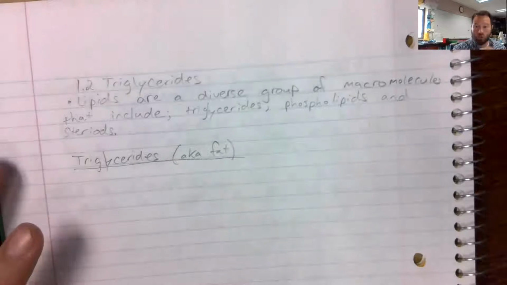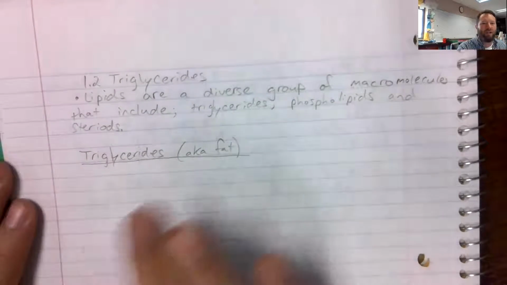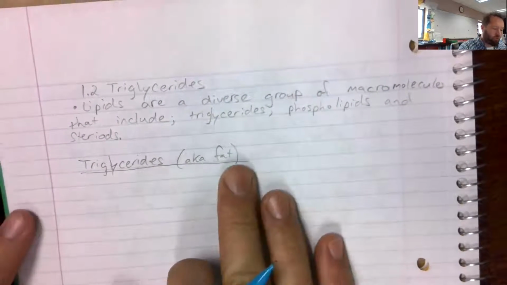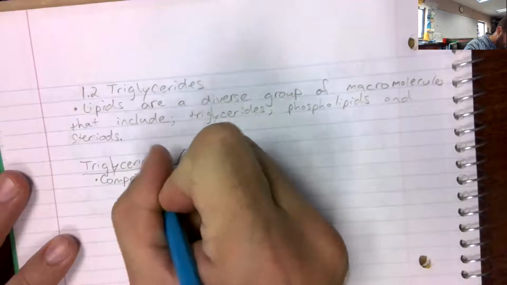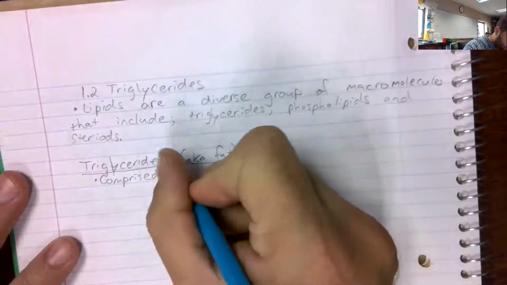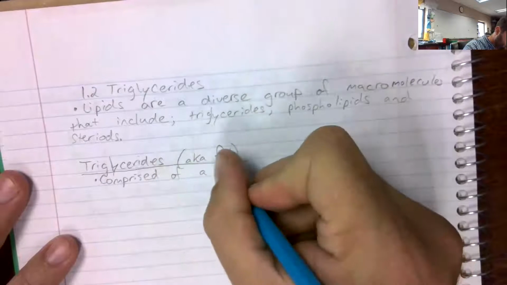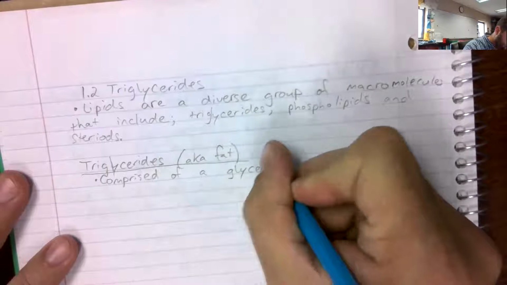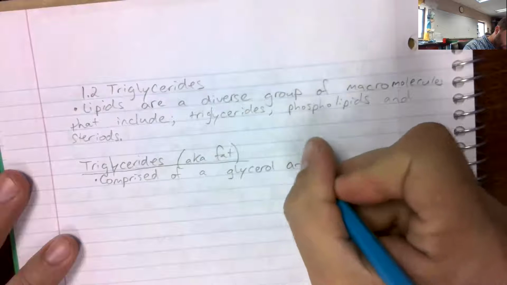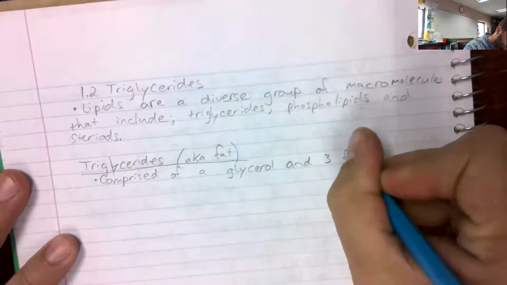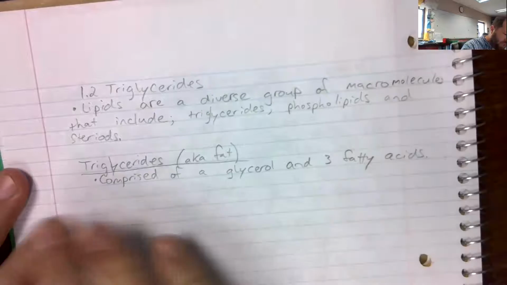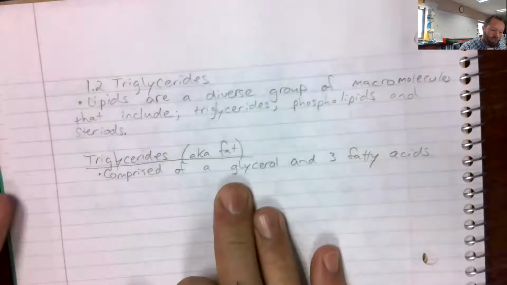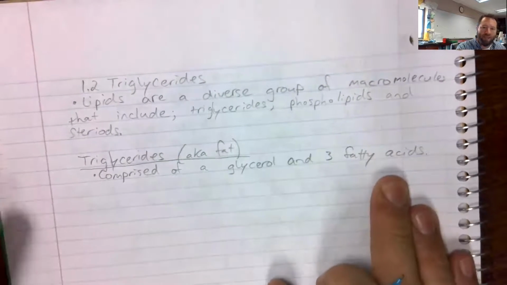To the layman, to you more than a few minutes ago, triglycerides are commonly referred to as fat. They're made up of a glycerol and 3 fatty acids.